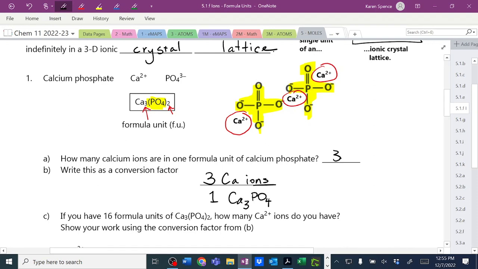Question, have I done something wrong here? I've missed something. What have I missed? Not yet. Good guess though. Charges, because the calcium ion needs to have a charge.